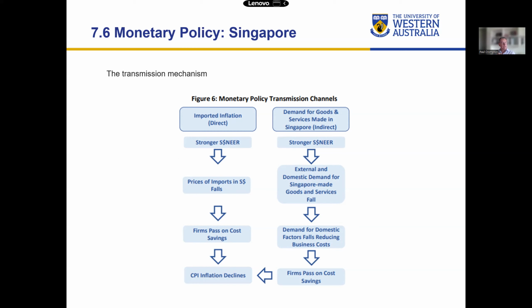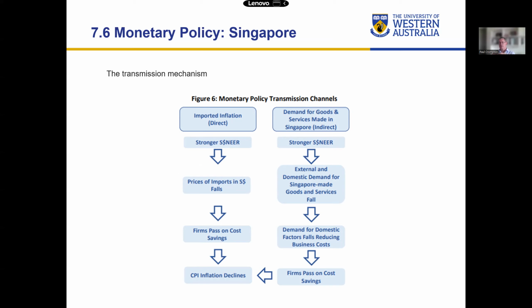Well, what's going to happen is your production costs may well fall a little bit. So if you've got a significantly weaker demand for the goods and services that you're selling, you may be able to cut the wages you pay to workers a little bit.